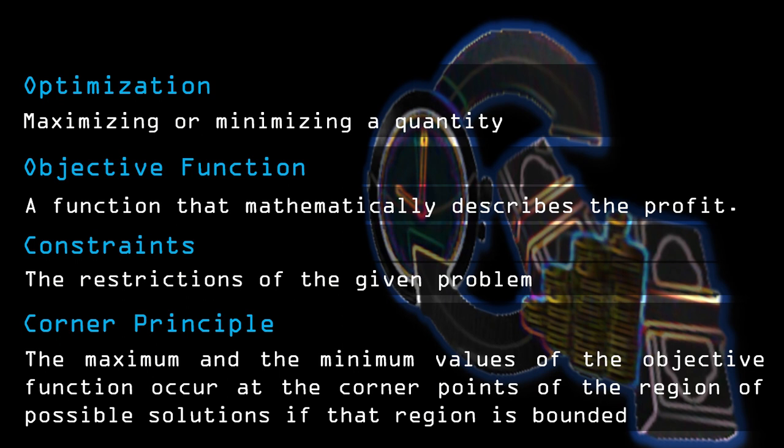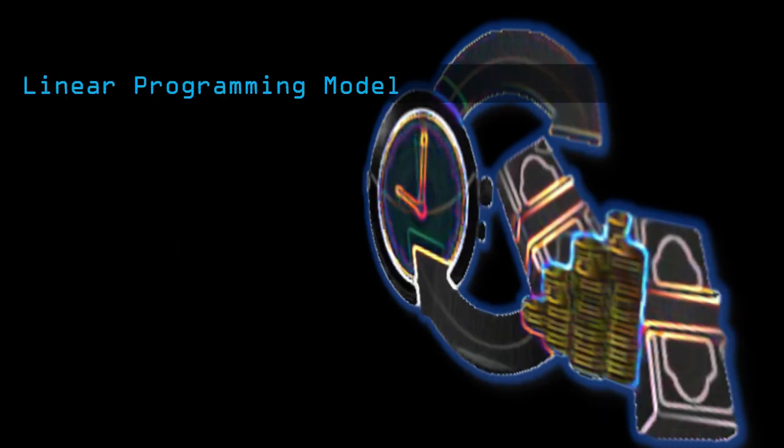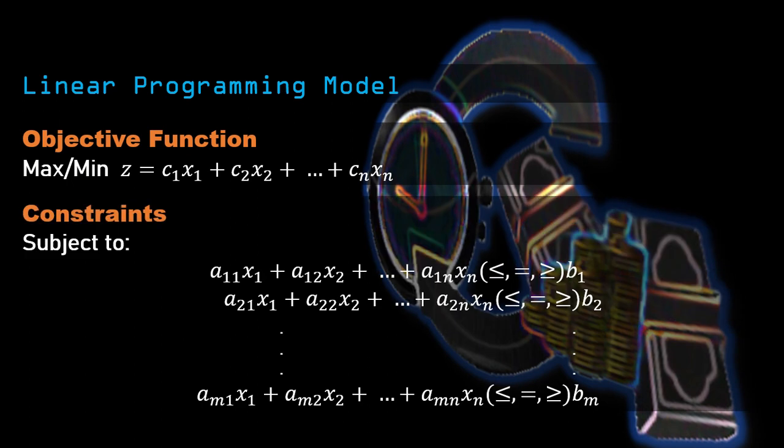The feasible region refers to the intersection of all the shaded regions of our inequalities. So in a linear programming model, for the objective function, we're going to use the equation, and for the constraints, we're going to use the inequality symbols.